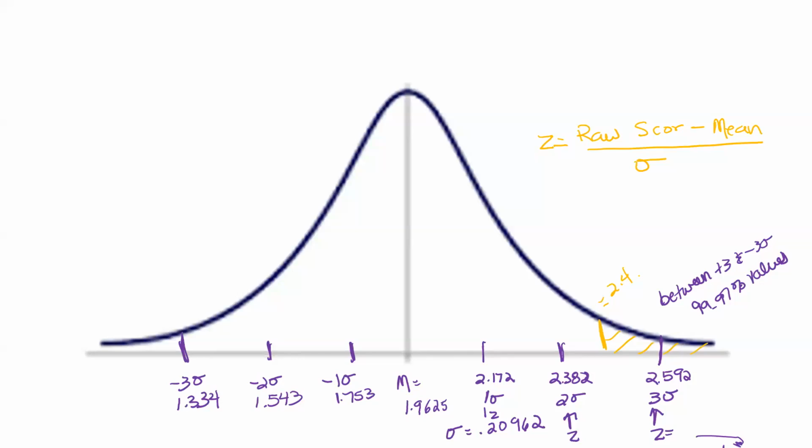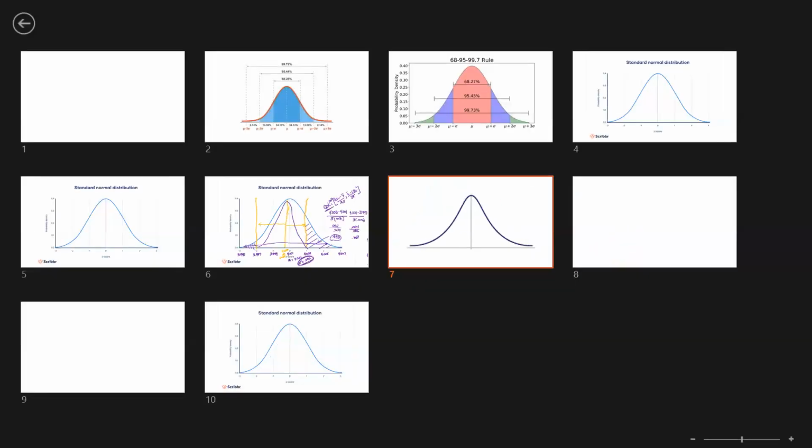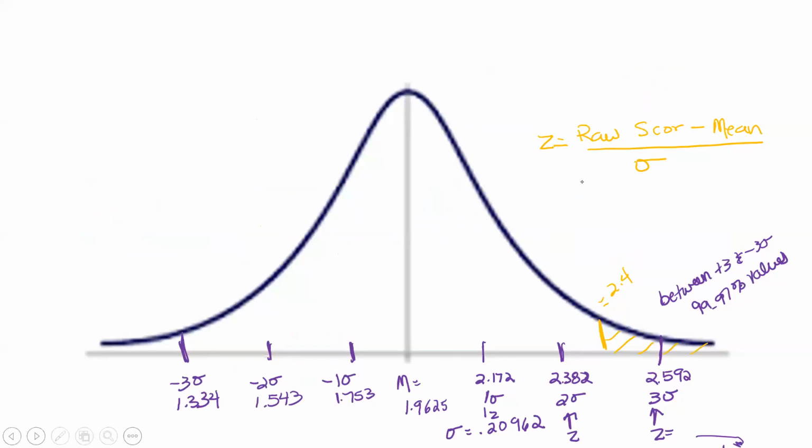So we're going to take 2.4 minus our mean of 1.9625 and divide it by our standard deviation of 0.20962. Okay, so I'm going to do that on my calculator.